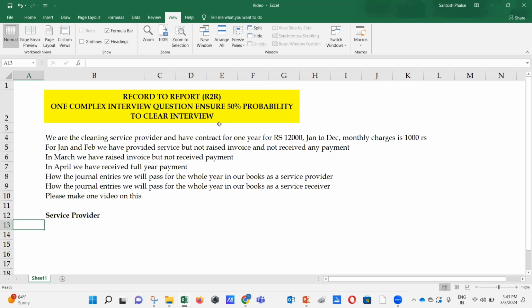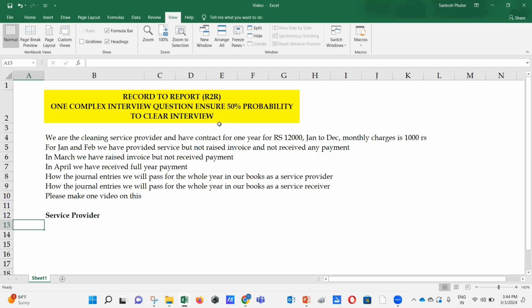For Jan and Feb, we have provided service, but not raised an invoice and not received any payment as well. Neither have we received any advance payment from our customers, nor have we raised an invoice on him, but we have provided the services to him.